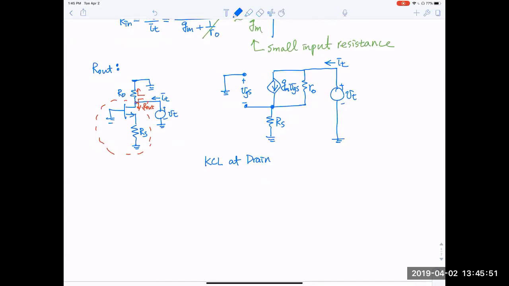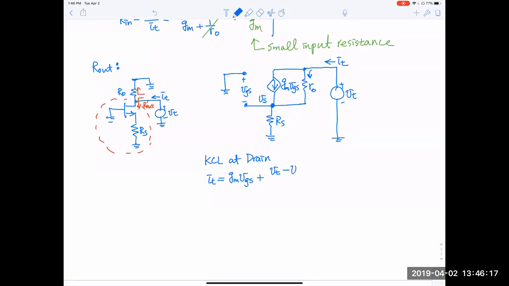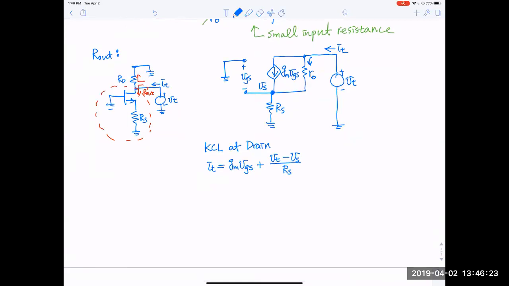Okay, so this says IT, the current going in, is equal to current going out, GM VGS, plus the current going through R0. So this path of the current is VT minus, well, we don't know the voltage here. So let's call the voltage at source VS, okay? So VT minus VS and divided by RS, okay? As in before, we will write the individual component. VGS is equal to 0 minus VS, so simply minus VS.